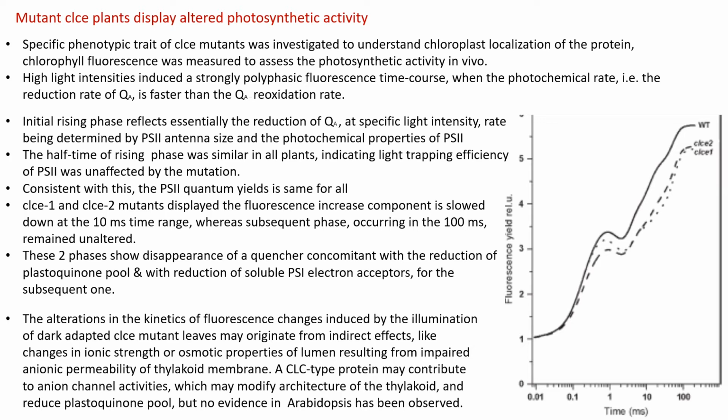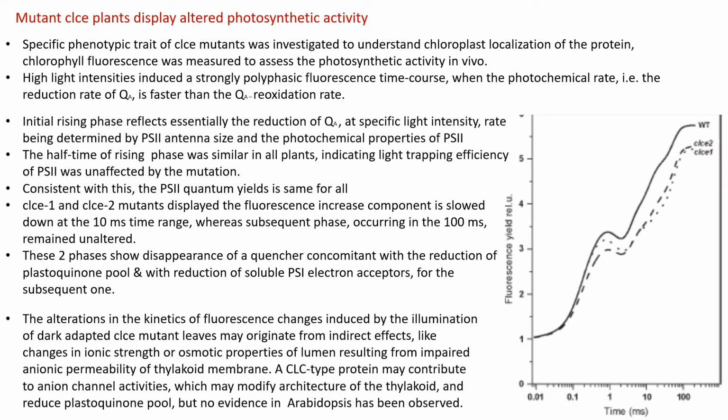On high light intensities induced on these samples, it was seen that there is a strongly polyphasic fluorescence time course, as you can see in the graph on the right-hand side. The reduction rate of the plastoquinone was calculated, and it was actually faster than the quinol reoxidation rate, which is the major reason for the polyphasic fluorescence time course observed in these samples.